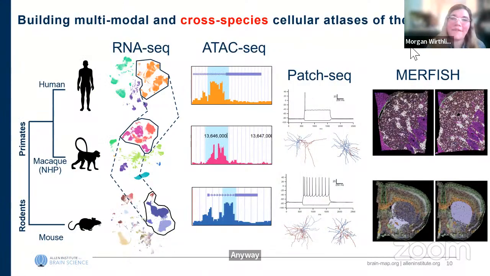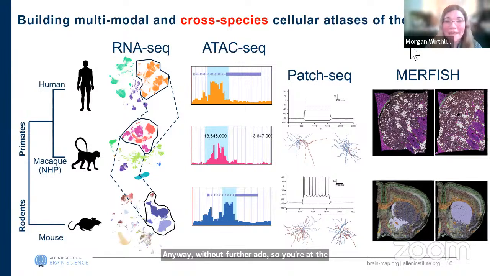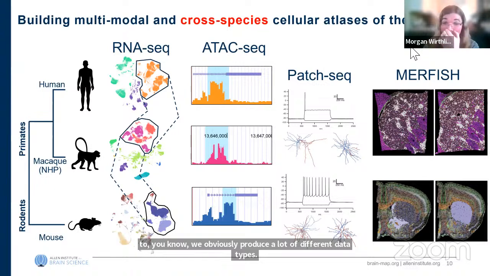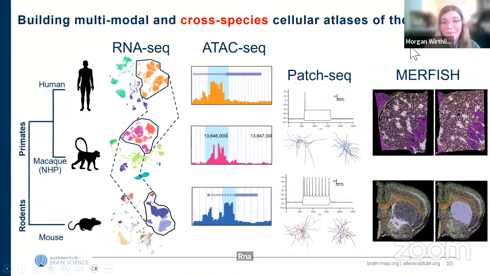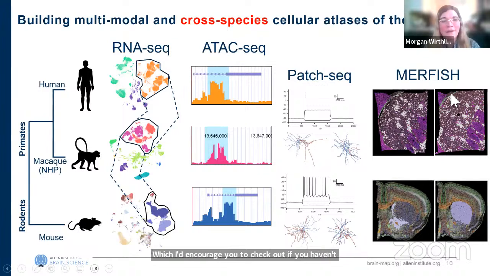So here at the Allen Institute, we obviously produce a lot of different data types: RNA-seq, ATAC-seq, PAC-seq, and MERFISH, which you've heard about in some of the previous webinars, which I'd encourage you to check out if you haven't already. So our team, Evolutionary Genomics, now adds an evolutionary dimension to that.